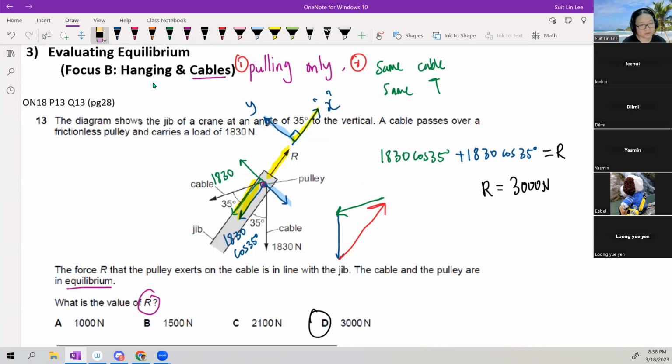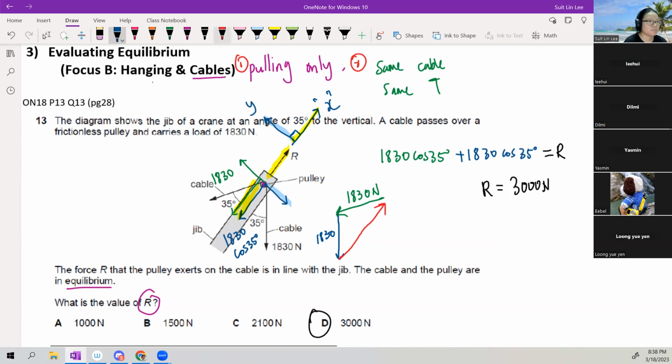Once you can form the closed cycle, then you also know that the force on the first cable is 1830 Newton. The second cable is 1830. Of course, you need to think about the angle.